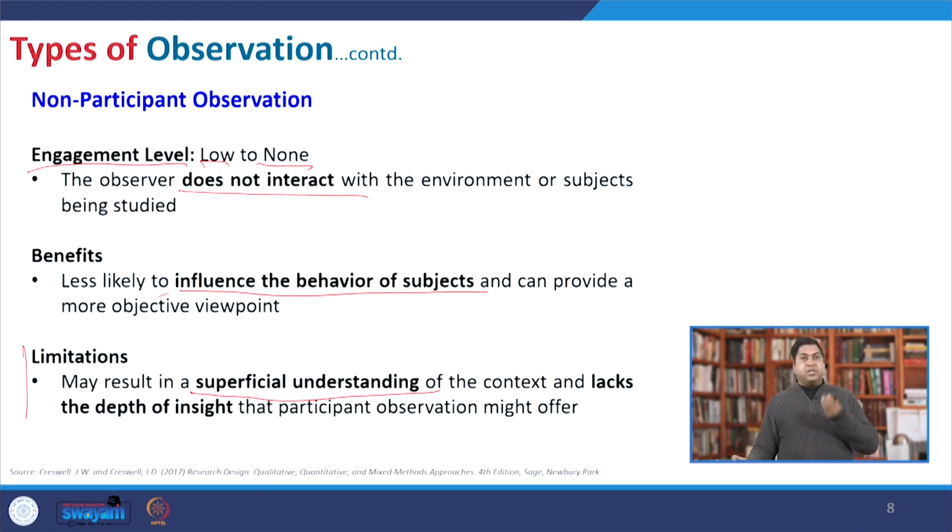If the observer puts in a perspective and then portrays the activity, there might be some kind of bias. The observer can put certain bias on it and then the data collection may not be accurate. That is why it is said it may result in a superficial understanding of the context and lacks the in-depth insight that participant observation in the previous case can provide.